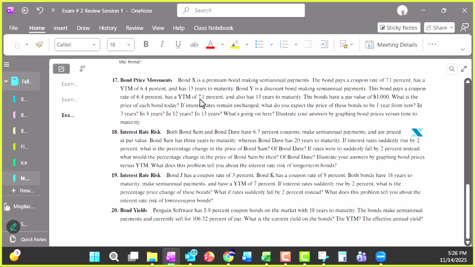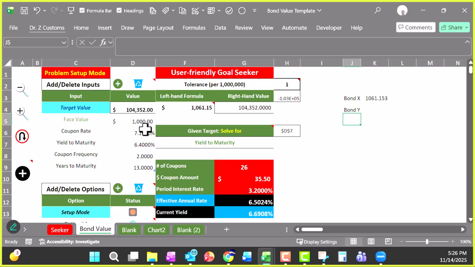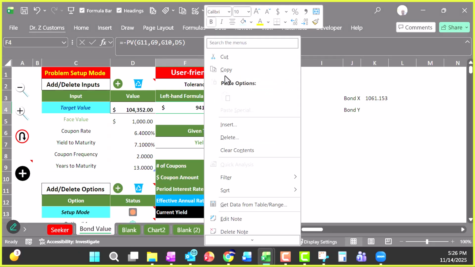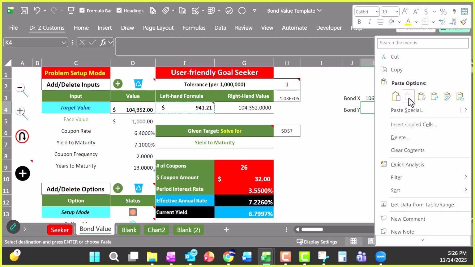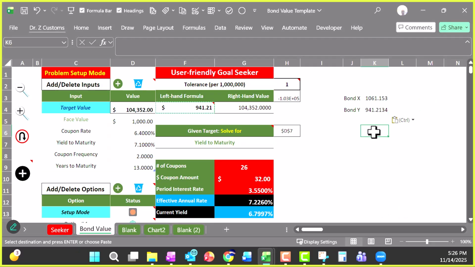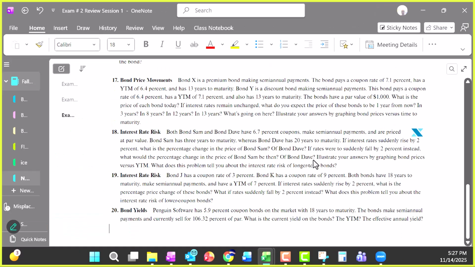Everything else is pretty much the same. So copy, paste the values. Okay, these are the prices of the base scenario.